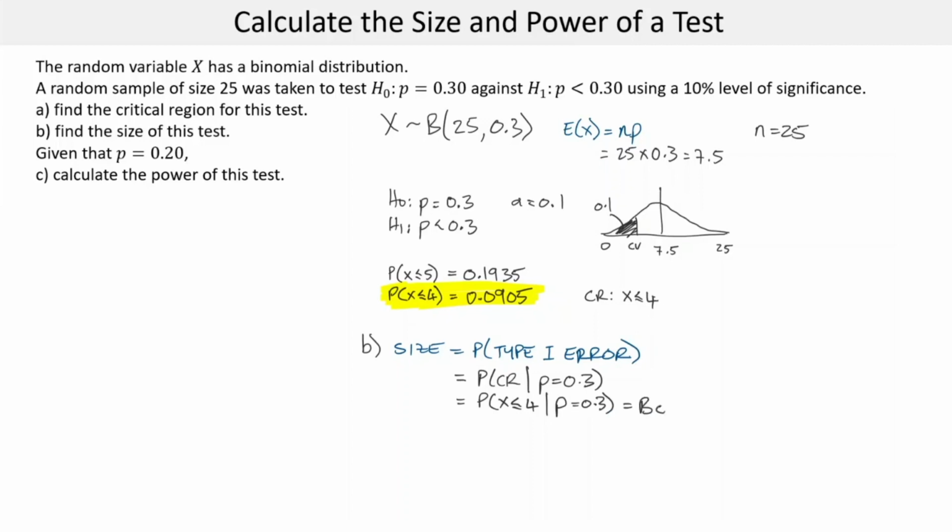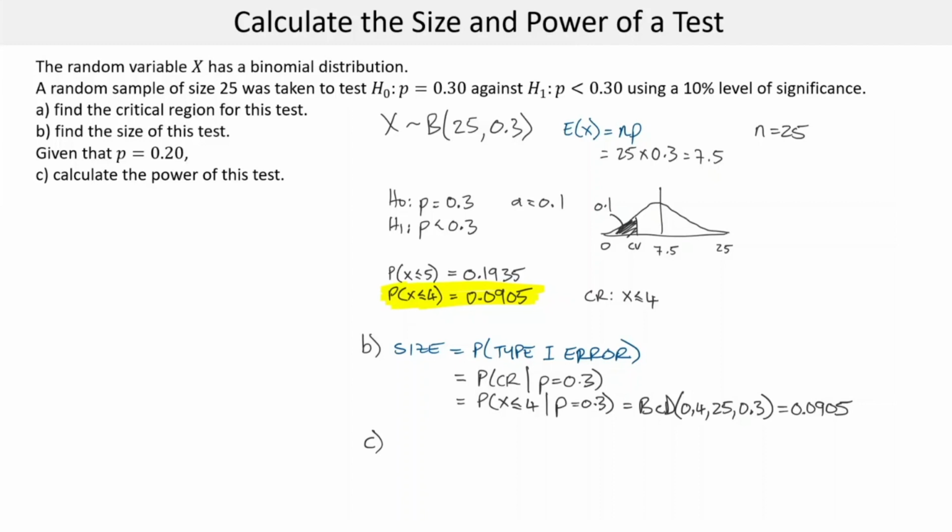Okay, so this is a BCD on the calculator. 0 is your minimum, 4 is your maximum, n is 25, p is 0.3. Well that gets us 0.0905. That's the size. We could have got that straight away because we'd already calculated the probability to think about the critical region. But I want to show you how you'd go about it from scratch. Some questions may not ask you to have done the probability work for the critical region.